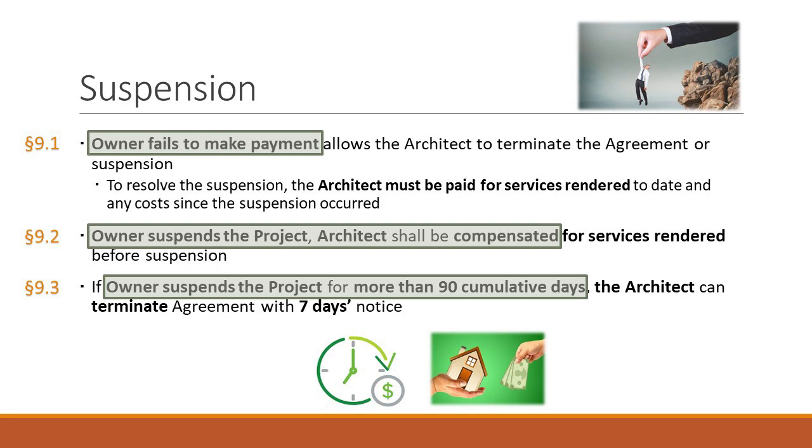Now, as a matter of course, when I represent an owner, I strike 9.3. What I say to the architect is, if I'm shut down for 90 days because I can't get financing or this and that, I understand you should get paid for your downtime, but the cost to me if you terminate, let's say we're 6 months into an 8-month design process, and then I have to shut down for 90 days, and you terminate, well, the license goes away, I have to start from scratch.